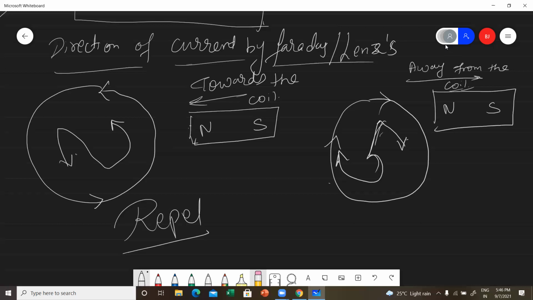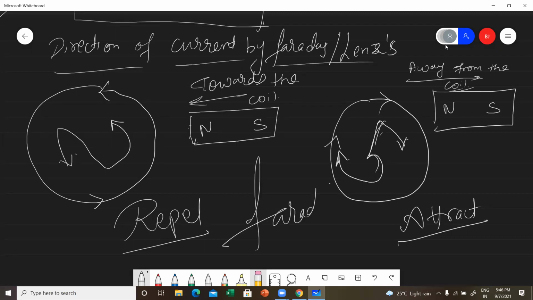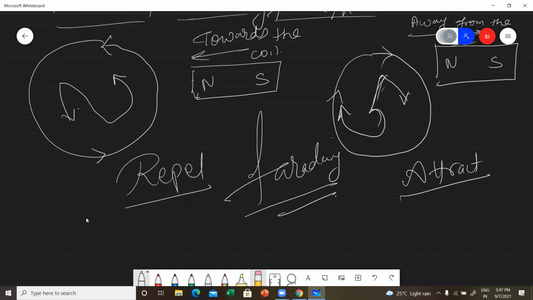Attract. It wants to attract. So this is given by my Faraday. Now, Lenz said just the opposite. Just make it opposite.